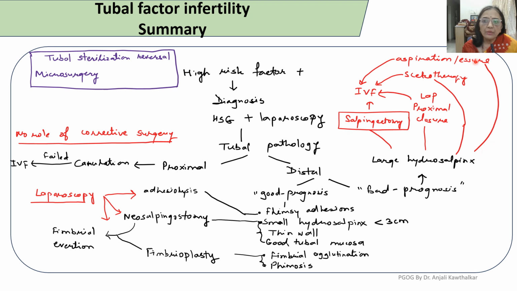Or aspiration can be tried along with the ovum retrieval with USG guidance, or Essure can be introduced hysteroscopically, but both these procedures have less efficacy to improve the IVF success as compared to the other procedures.